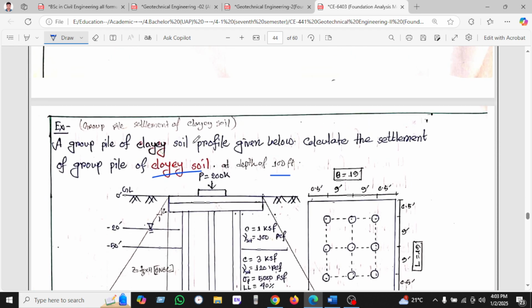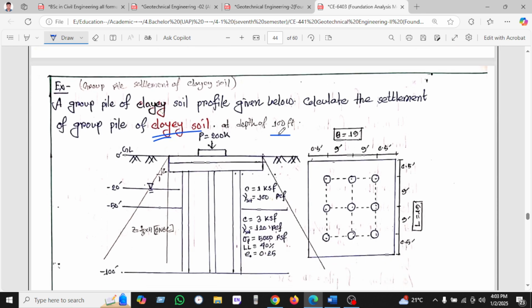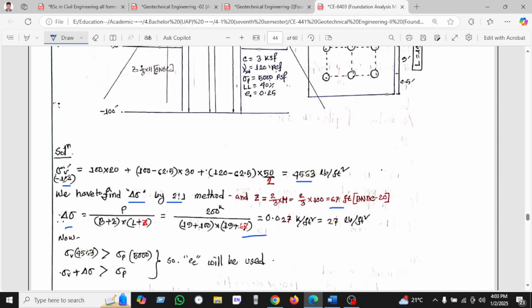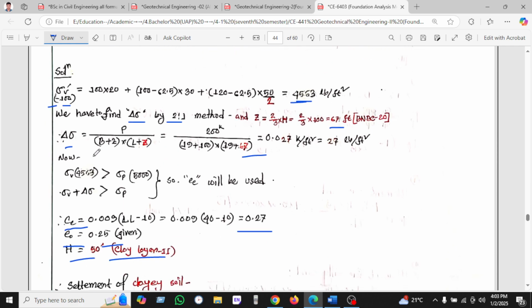Here is a group pile in clay. The soil profile is given below. Calculate the settlement of the group pile in clay soil at the depth of 100 meter. We can see here sigma vertical we have calculated, gamma into H, 4560. We have to define sigma naught by the 2:1 method, which is Z. We found Z as 2/3 into H, which is 67 feet, so sigma naught is 67.